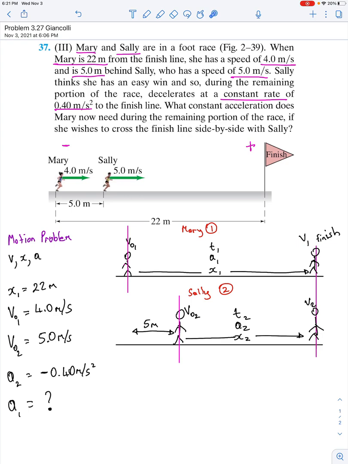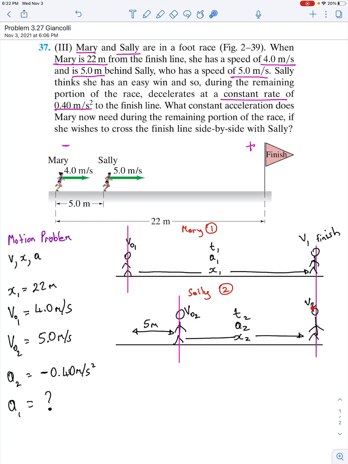What does v02 represent? Now, v02 represents the speed that Sally's going at when Mary is 5 meters behind her. t2 represents the time it took from when Mary was 5 meters behind Sally to when Mary caught Sally.